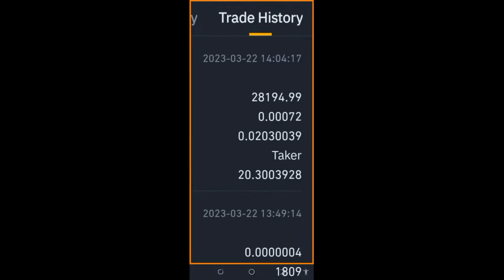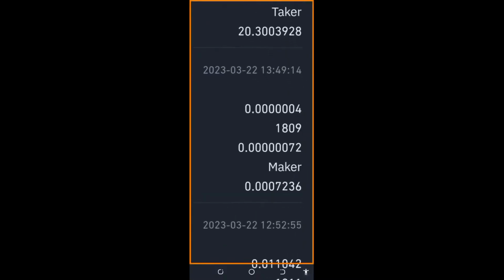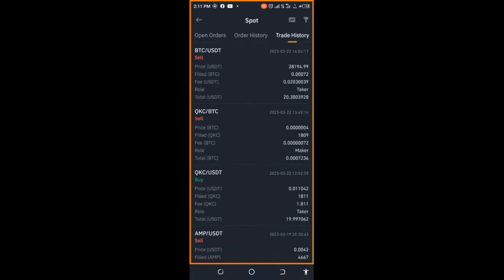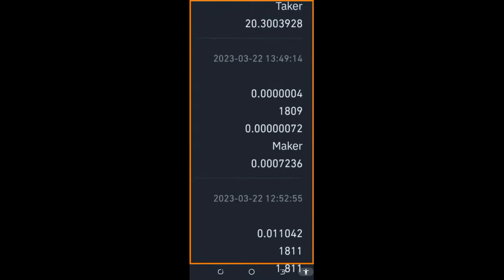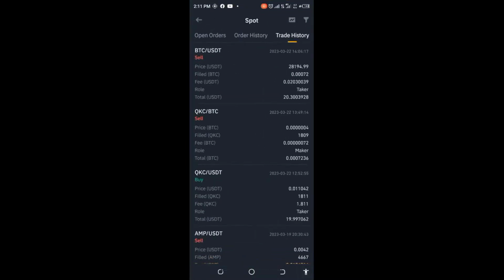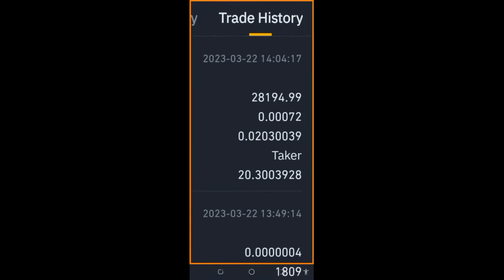We had 20.30 here, but don't forget that in the process we actually paid fees for QKC BTC. Did we? Yes, we did pay a fee. That's the amount of fees, as you can see there, 0.000072. We also paid a USDT fee here, about 2 cents.